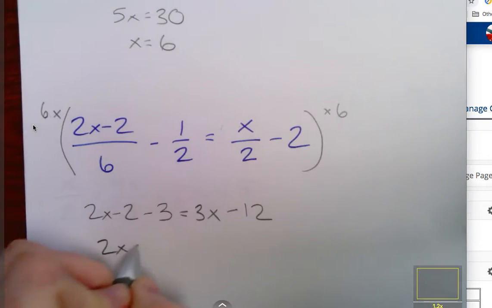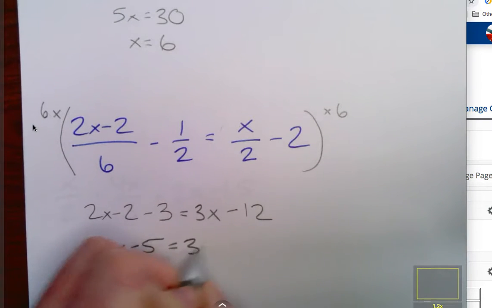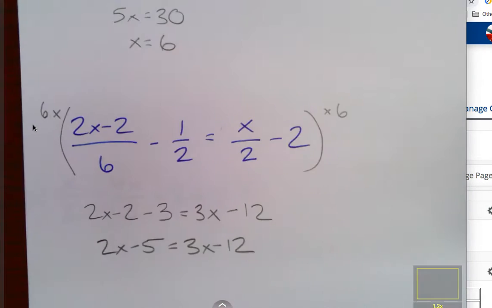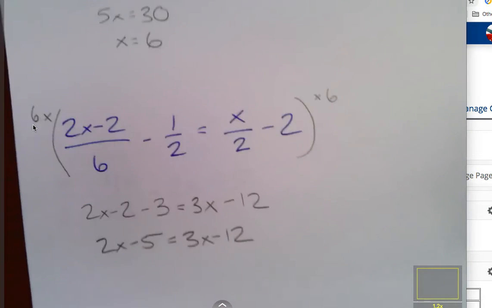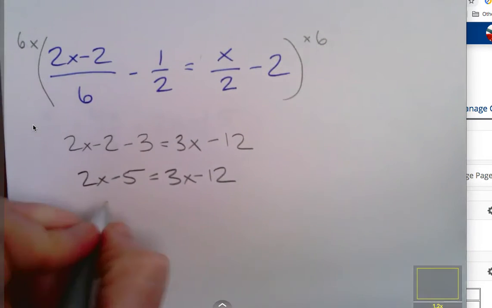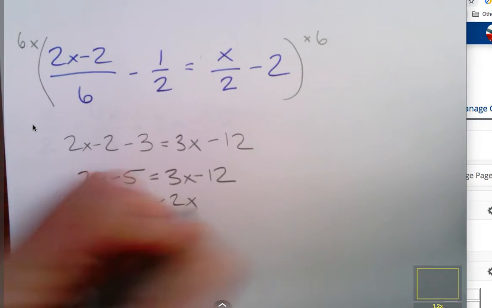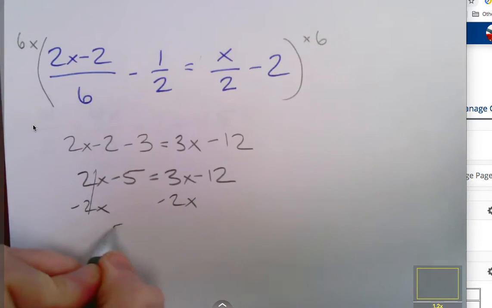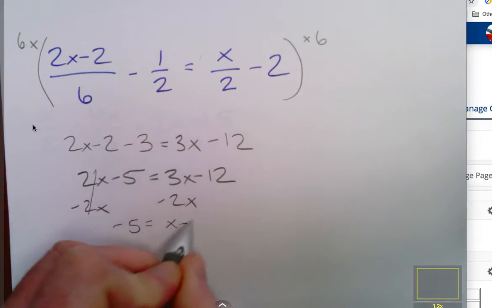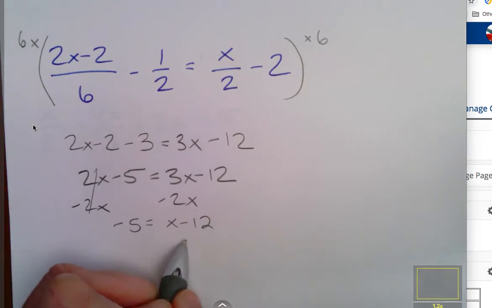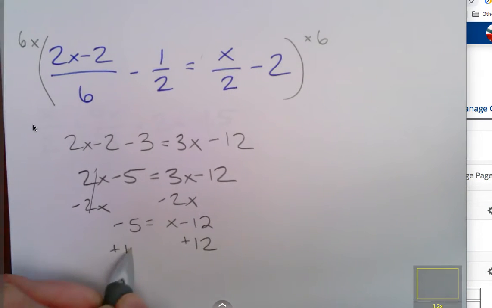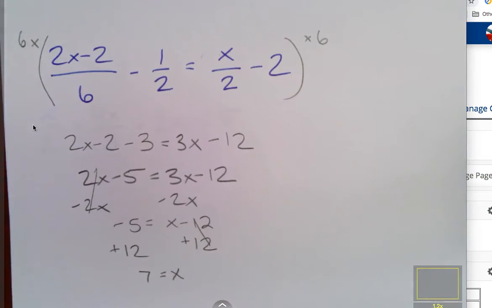So I have 2x minus 5. So now we go ahead and solve this fairly simple linear equation. And we end up with x equals 7.